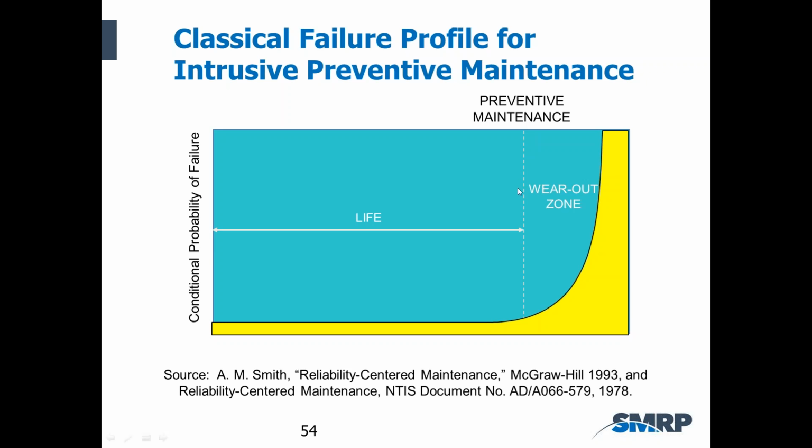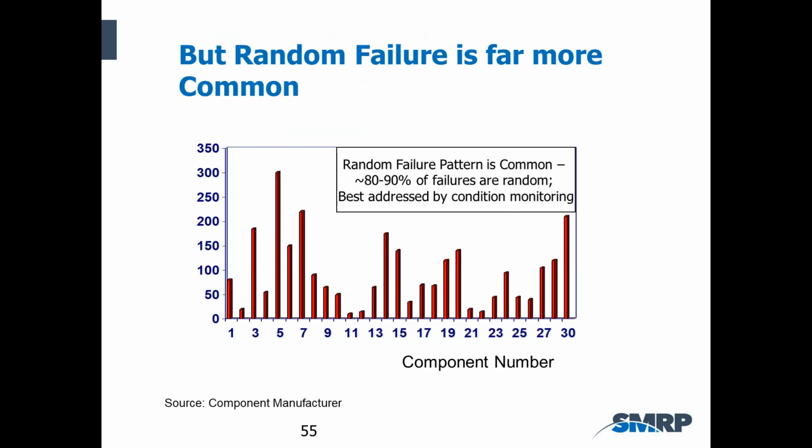Well, that sort of makes sense except for one big problem, and that's this. Random failure is far more common. Something on the order of 80 to 90% of failures are random. And random failures are best addressed by doing condition monitoring.